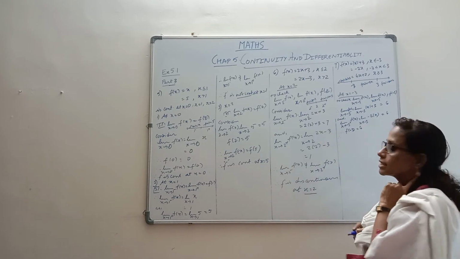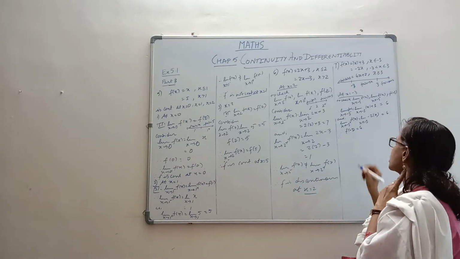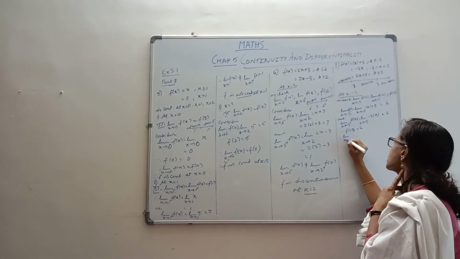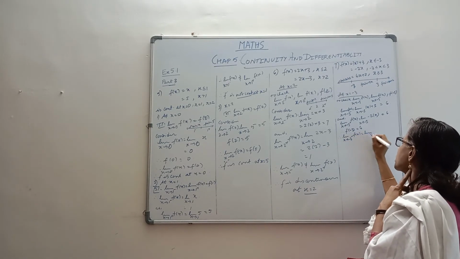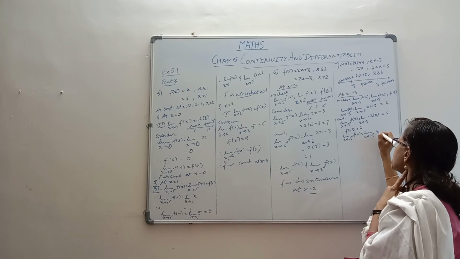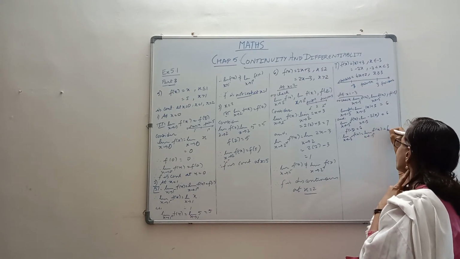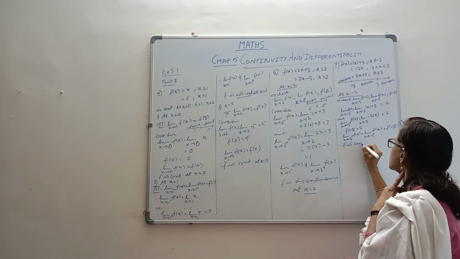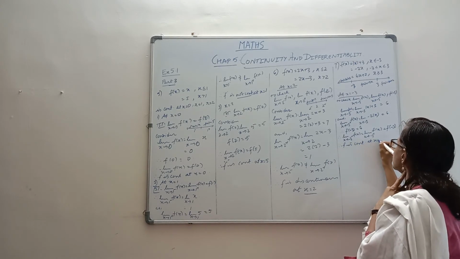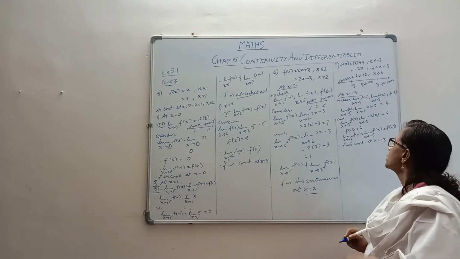So all these three things are equal, so it's continuous. Limit as x tends to minus 3 from minus side f of x is equal to limit as x tends to minus 3 from plus side f of x is f of minus 3. So f is continuous at x equal to minus 3.